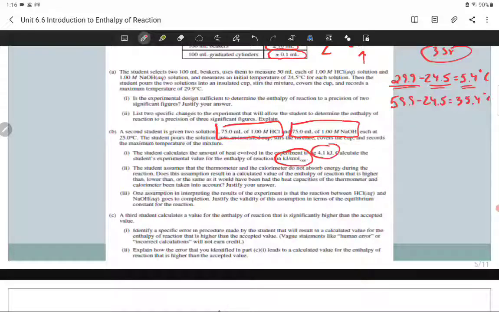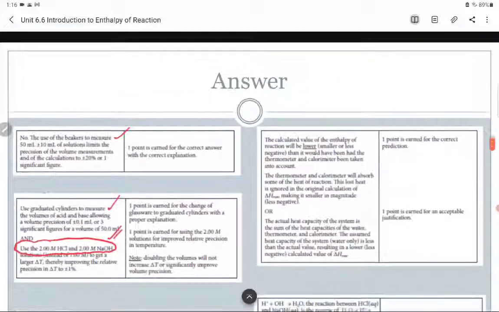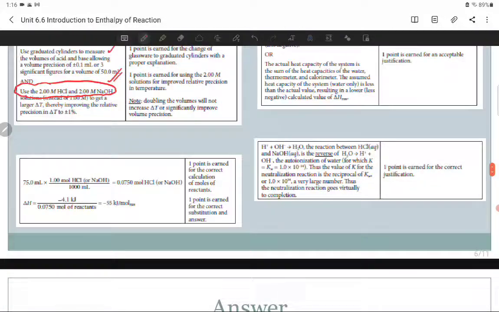So it doesn't really matter which one you pick, but if you take the molarity and volume and turn it into moles, and have the 4.1 kilojoules on top, put the moles of limiting reactant on the bottom, I think that's going to work out. And maybe with B, we'll kind of jump back and forth and see what we got there. So it looks like that's what they did. So they got the moles of limiting reactant, and then they divided the kilojoules by the moles of limiting reactant.